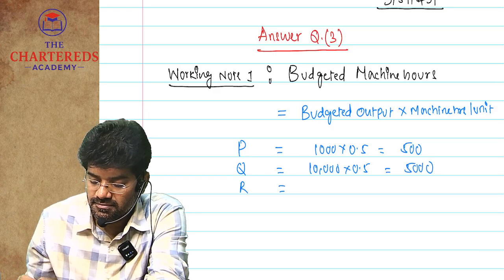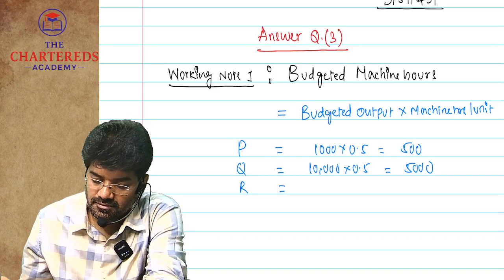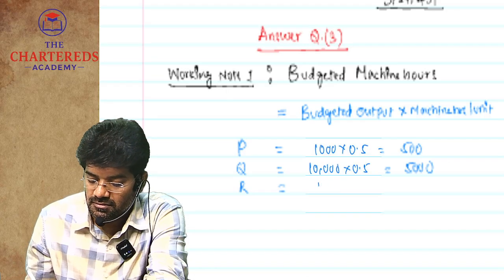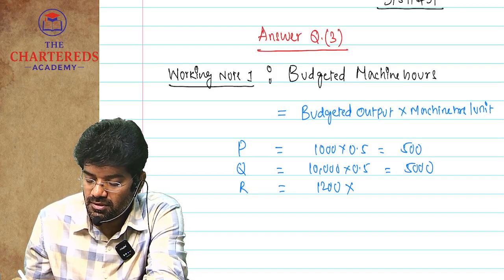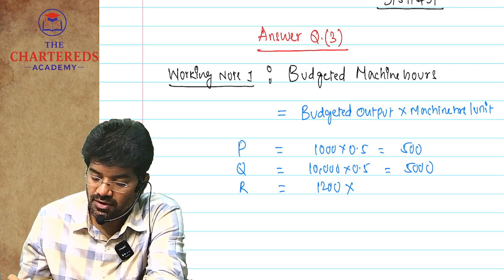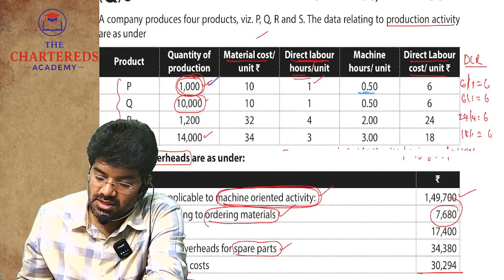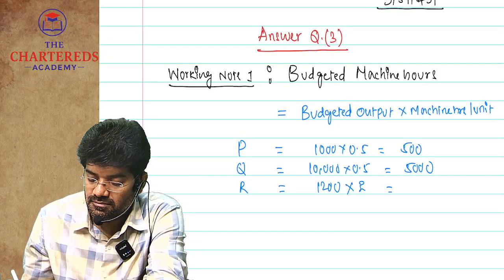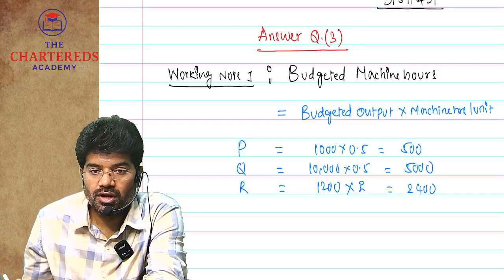Next, 1200 units into how many hours are required? Machine hours for every unit, 2 hours are required. 2,400.